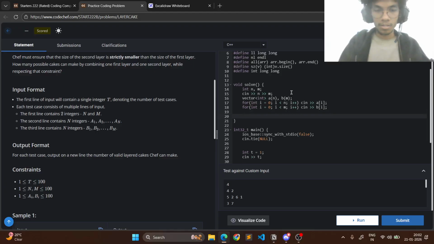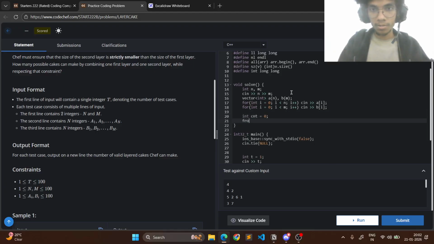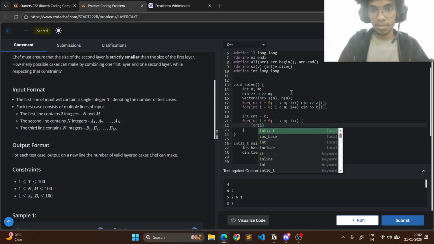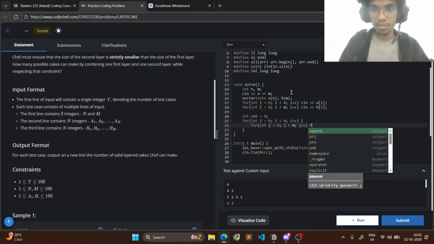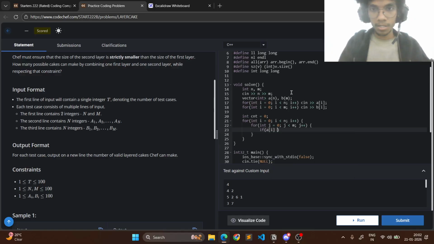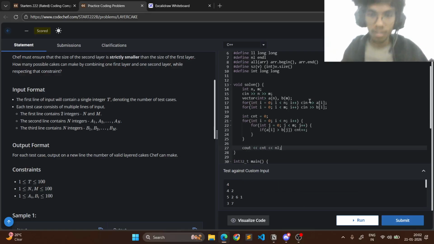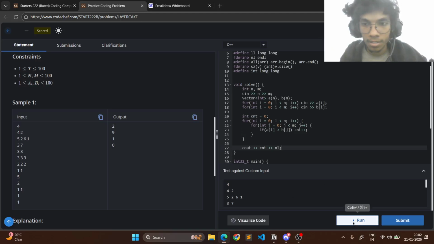Then cnt equals 0, for i and for j equals 0, j less than m, j plus plus, if A_i greater than B_j then cnt plus plus. I think that should work. Let's run it.